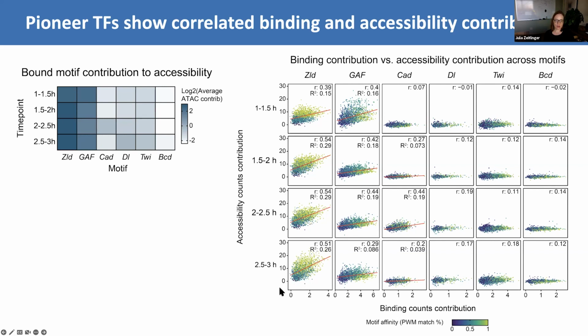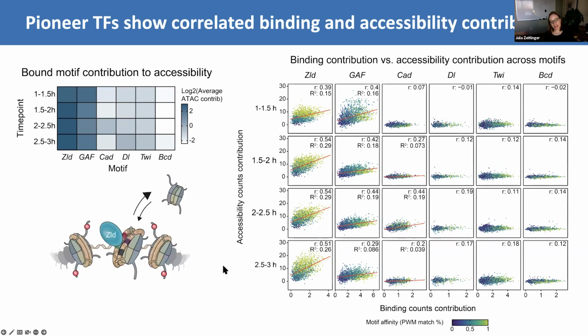Very consistent. Well, it's actually not trivial at all. To me, that was surprising because pioneer transcription factors, the definition is that they bind in the presence of nucleosomes. So the idea is they bind where they're structurally constrained in their binding. In fact, previous studies suggested that they bind partially to their motifs, or in vitro, they often bind only at the dyad or only at the linker regions.